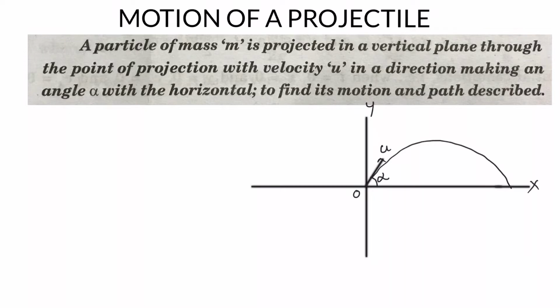At point O we can resolve the velocity vector into components. Along the horizontal it is u cos alpha, and along the vertical u sin alpha.